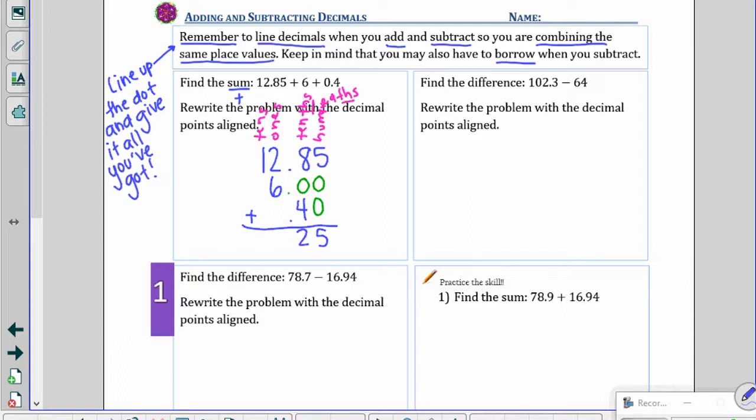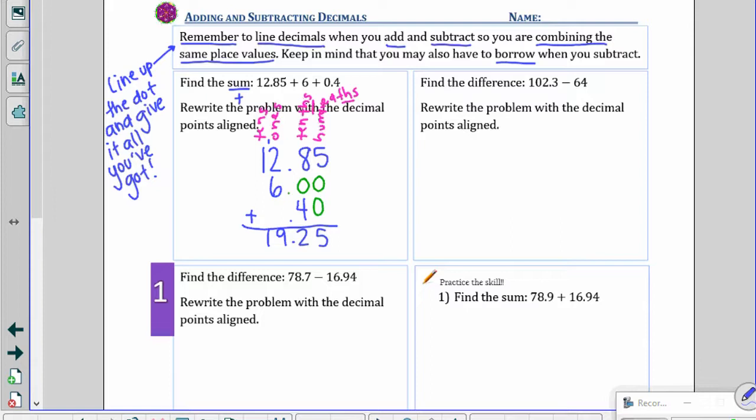Make sure to put my decimal point in there. In the ones place, I have 1 plus 2 is 3, plus 6 is 9, so I have a 9 in the ones place. No need to carry anything there. And then in the tens place, all I have is 1. So my value is 19 and 25/100.